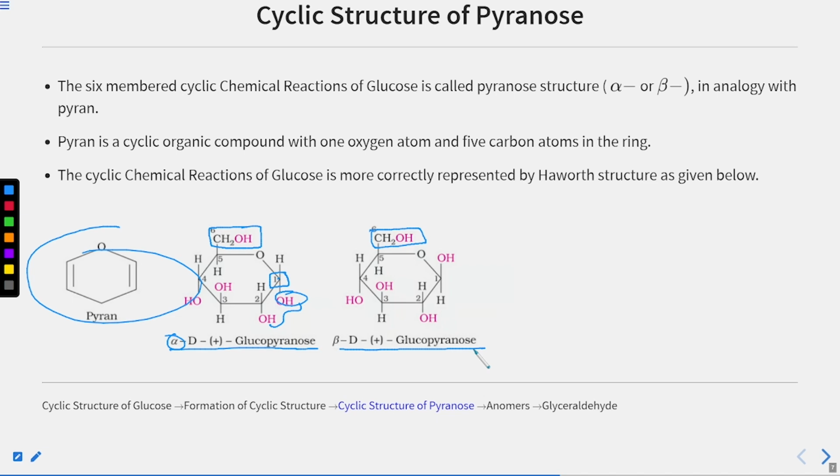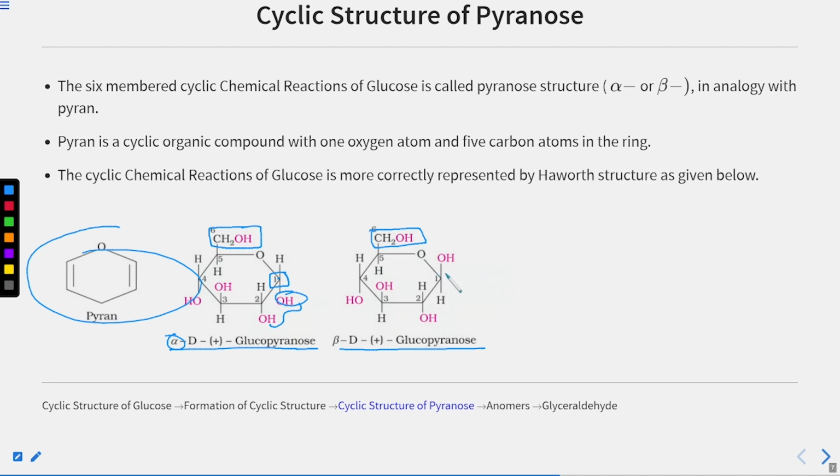Now one more thing. We have seen the classification of sugars into two types, reducing and non-reducing, and we said that the presence of a free OH group decides the reactivity towards Benedict's solution, Tollens' reagent or Fehling's solution. So the free OH group is decided at the first position.